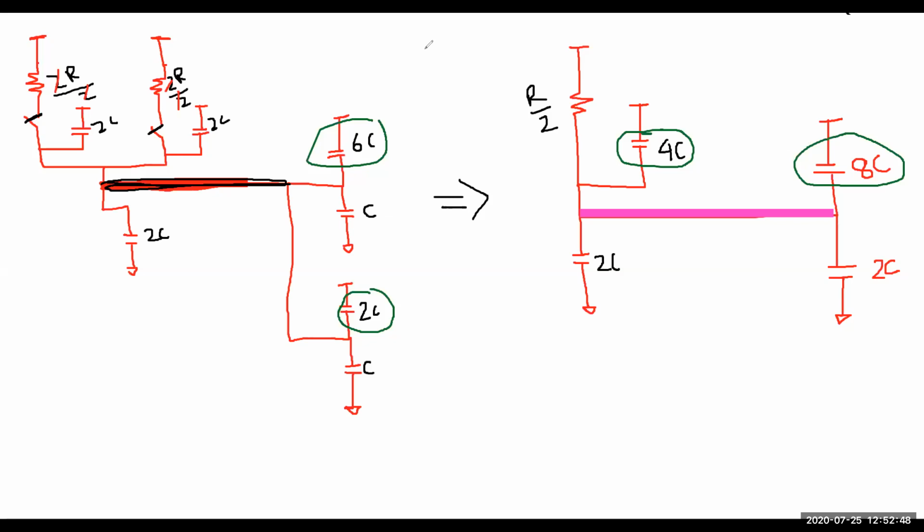Can we delete these and write this? 12C, sir. Okay. These 2C and this 2C are also parallel, because we are not considering any resistance here. So they will be 4C.